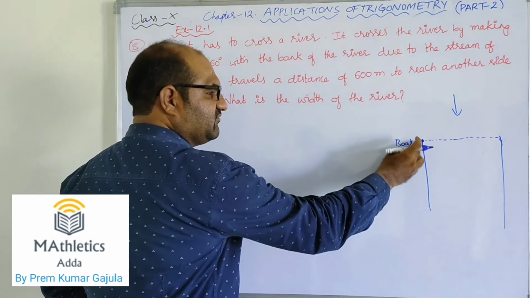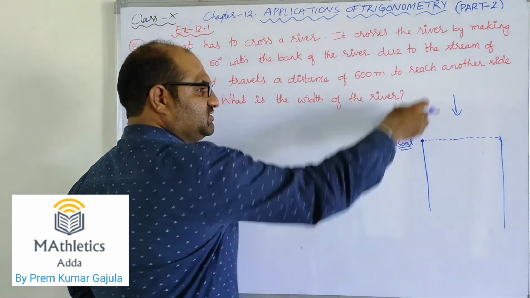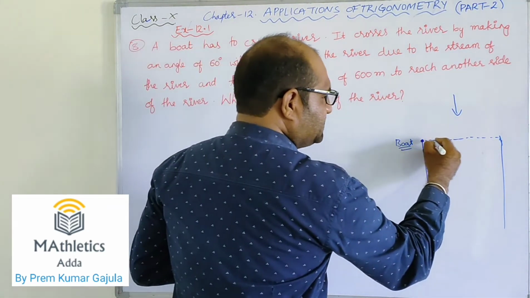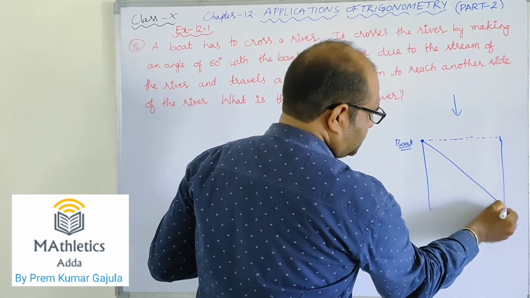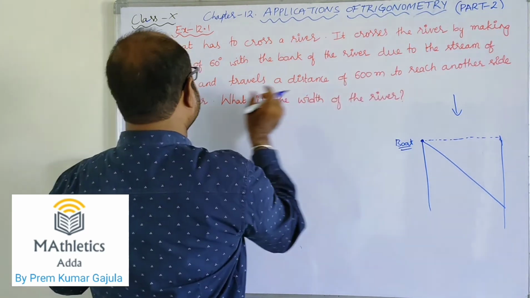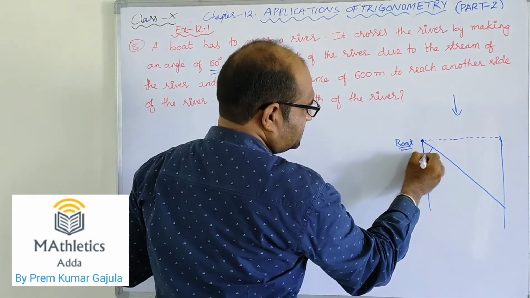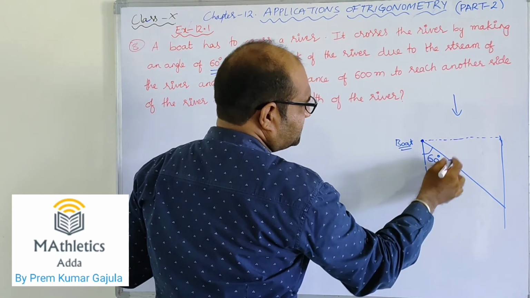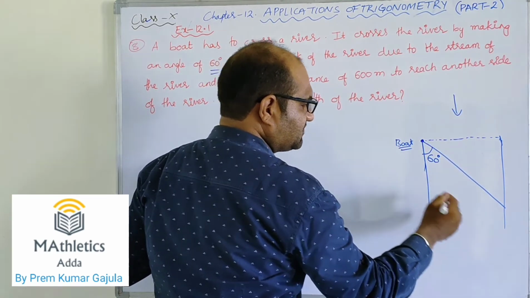It started from one point on one bank of the river, but due to the stream, it can't go straight. So it is going in this direction and making an angle theta, that is 60 degrees, with the bank of the river, due to the stream of the flow of the river.